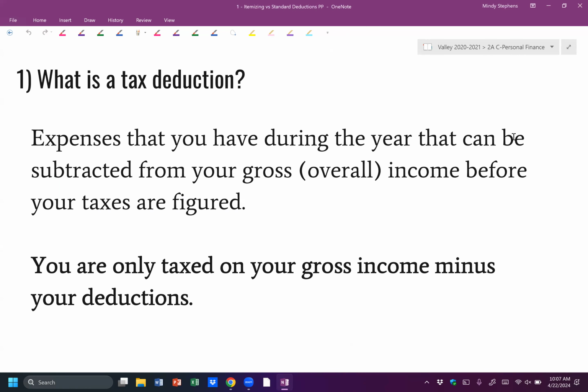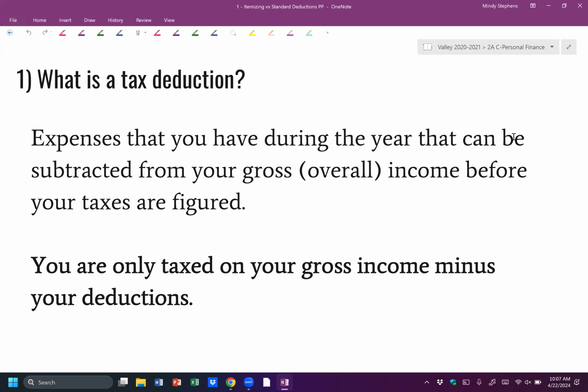The bigger your deduction is, the less tax you have to pay. So you want a big deduction in order to pay less taxes, because the deduction makes your income less, and the lower your income is, the lower your taxes are going to be. So we have our income, we subtract a deduction, whatever's left over, that's what we're paying our tax on.